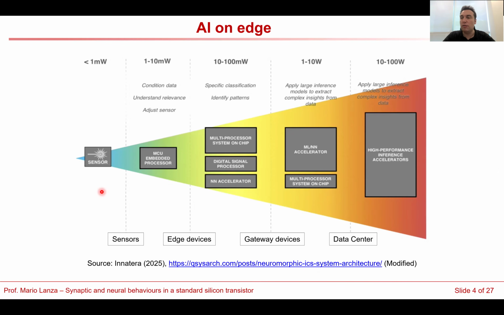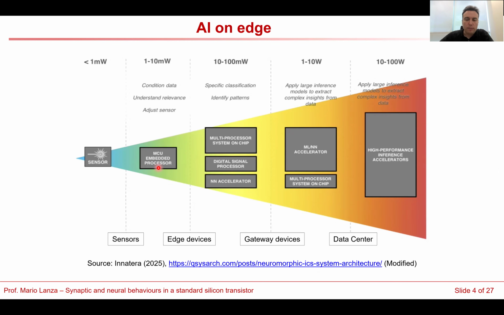So in fact, one of the solutions that is being explored by many groups is to try to associate this computational circuit or microchip with the sensors that interact with the real world, to try to perform the artificial intelligence computation on the device, that is on the edge.